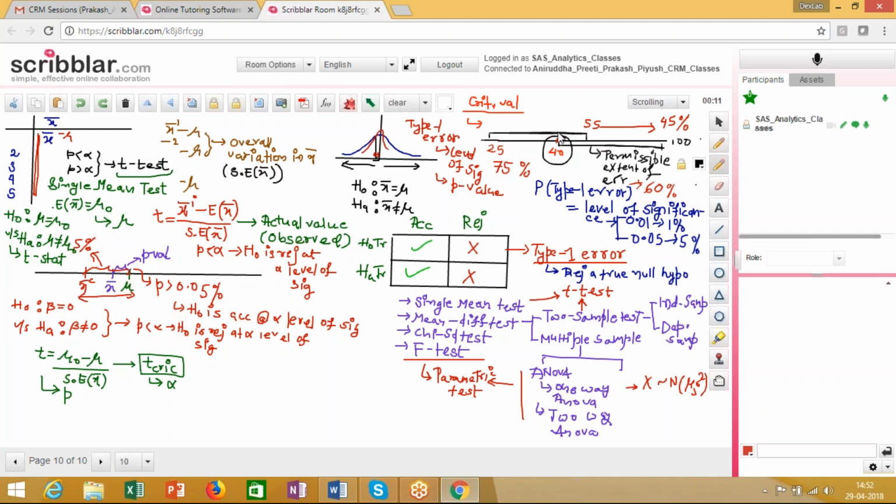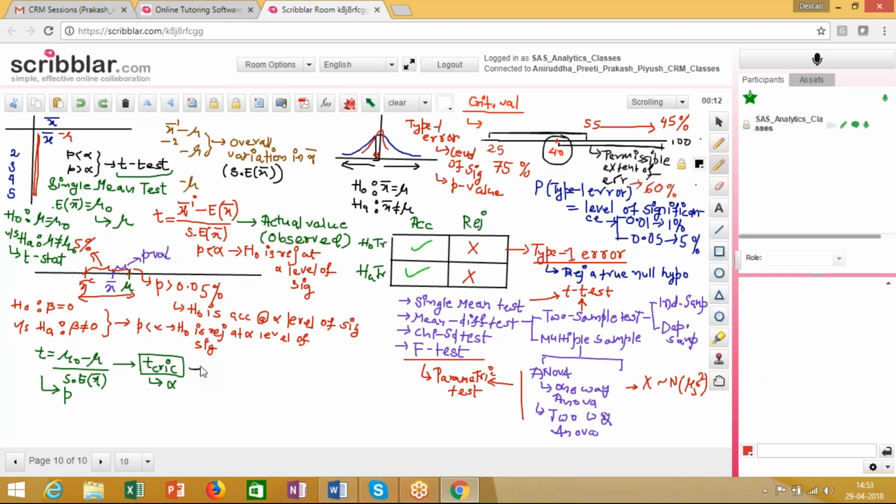However, when a student gets 25, then we can say that the actual value of the statistic or the actual marks obtained by the student is lower than the critical value, right?